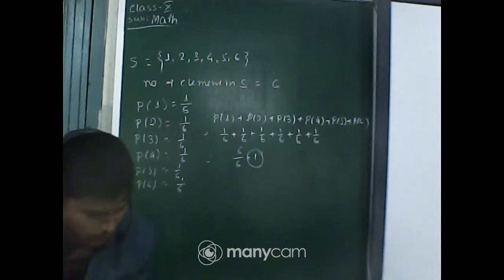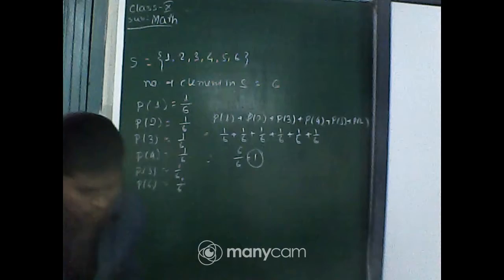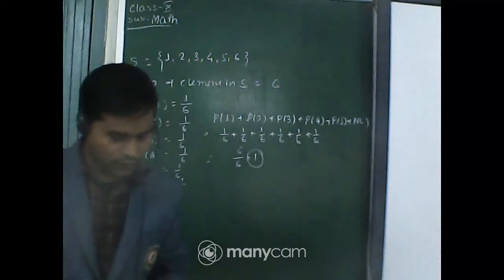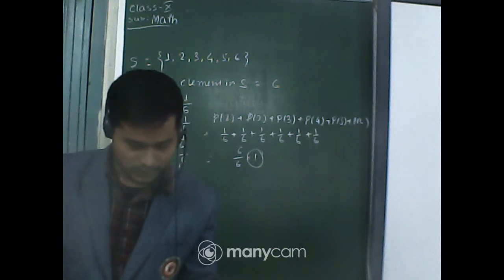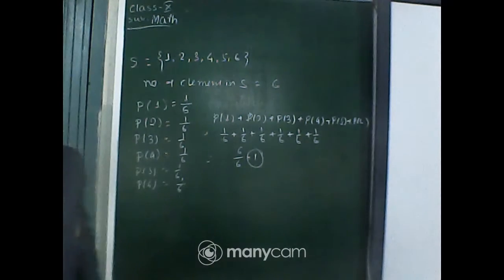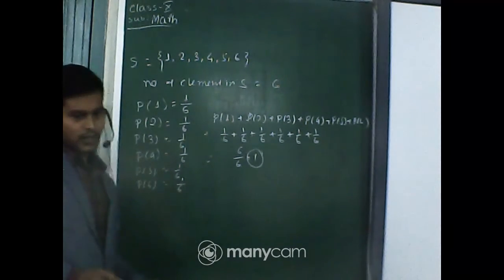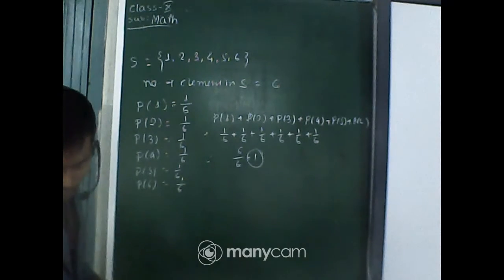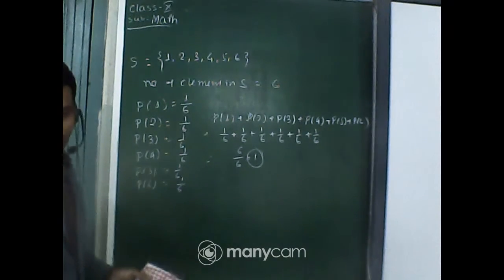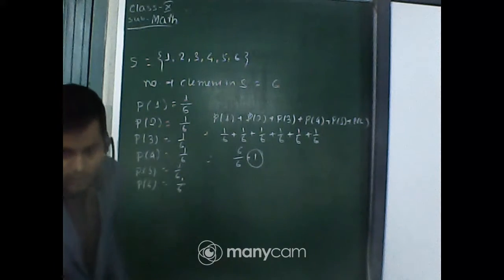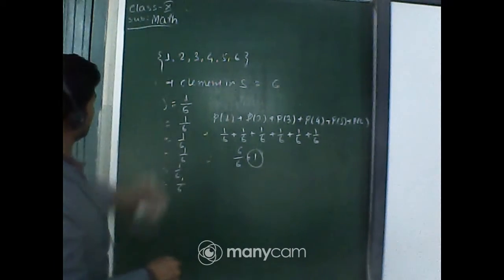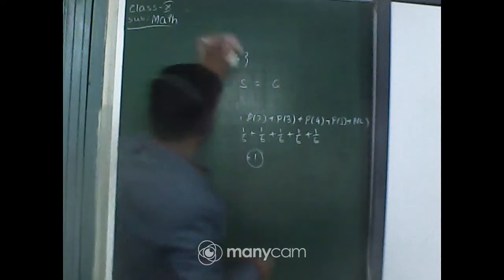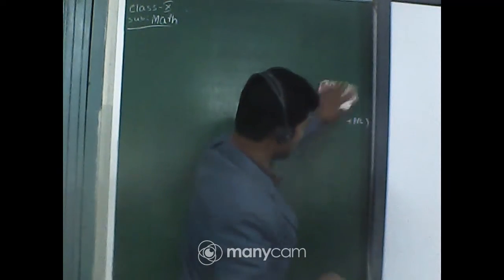Okay, now the next question: the probability of an event is greater than or equal to what, and less than or equal to what? It is greater than or equal to 0, very good Srijan, not 1. The probability of an event is always greater than or equal to 0 but less than or equal to 1.